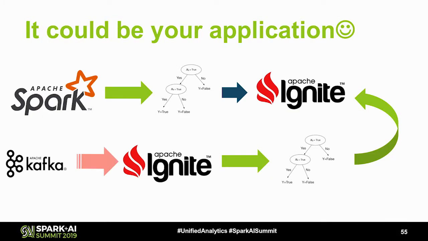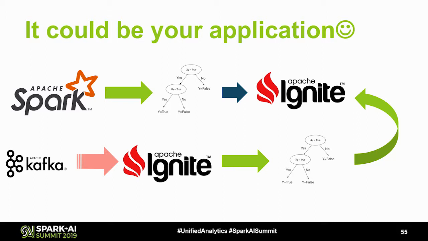I think maybe after this session, you will return home, and maybe next week somebody will download Apache Ignite and try to build their own application with Apache Spark, Apache Kafka, Apache Ignite, train a lot of models, merge them in Apache Ignite, predict something, and maybe add something from XGBoost, etc. You know how cool that can be, I hope.